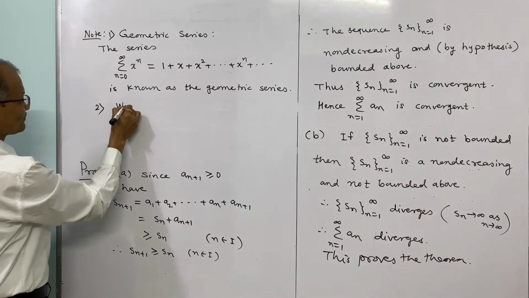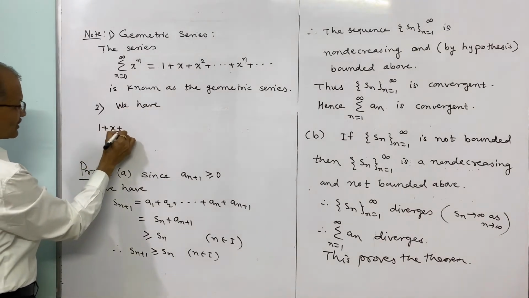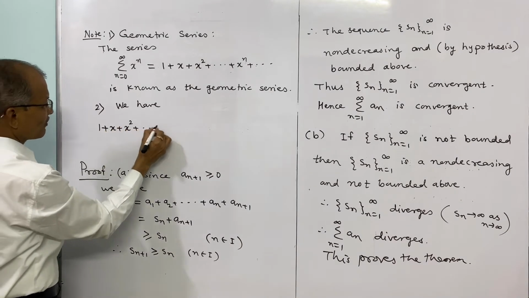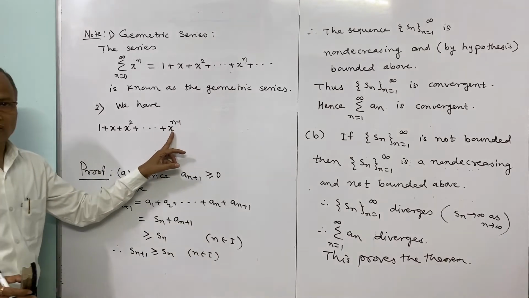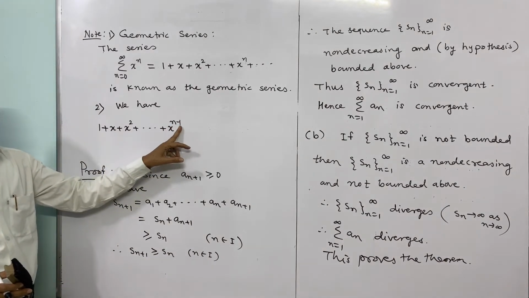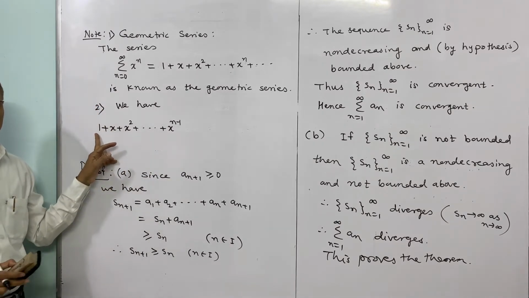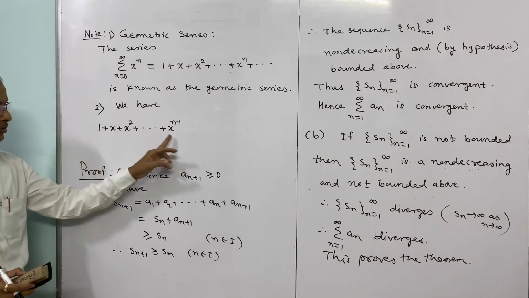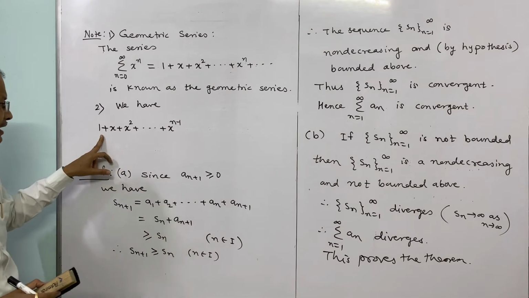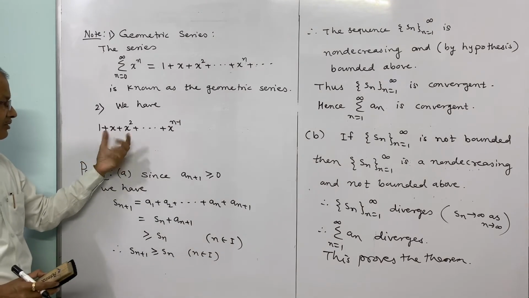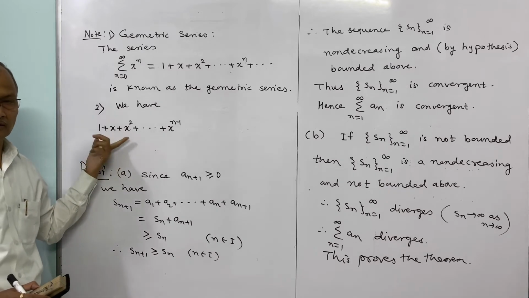So we have the sum 1 plus x plus x square, up to x to the power n minus 1. See, the last term we have written is x to the power n minus 1, and the first term, without x, is one more term. So the total terms are n. And this is a geometric progression whose first term is 1 and common ratio is x. If you divide the next term by the earlier term, we get x every time, and x is the common ratio.